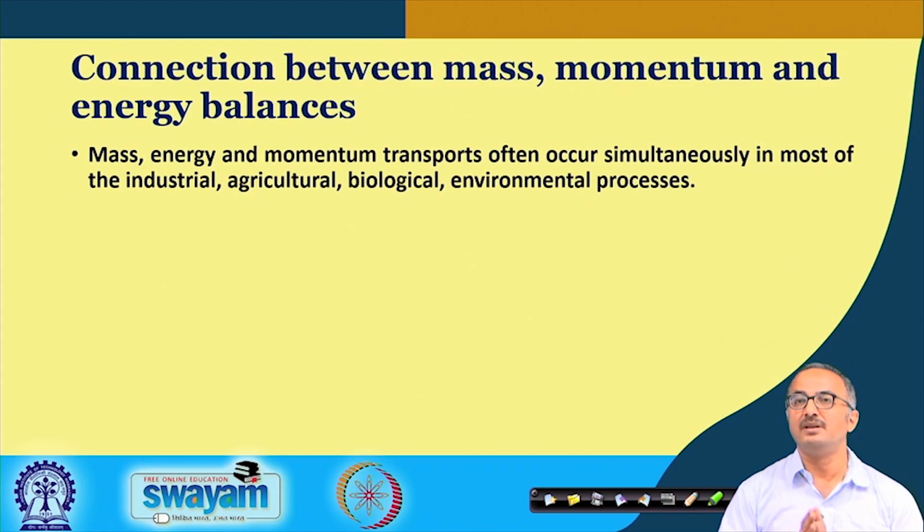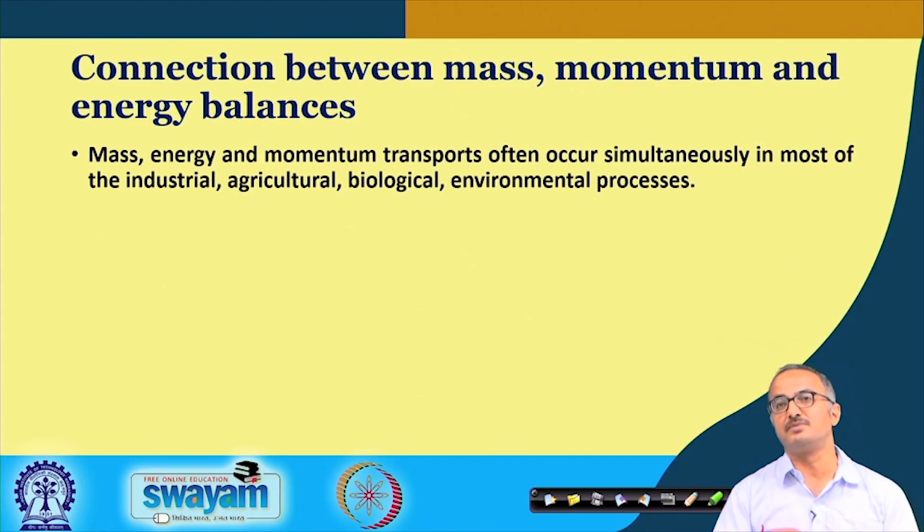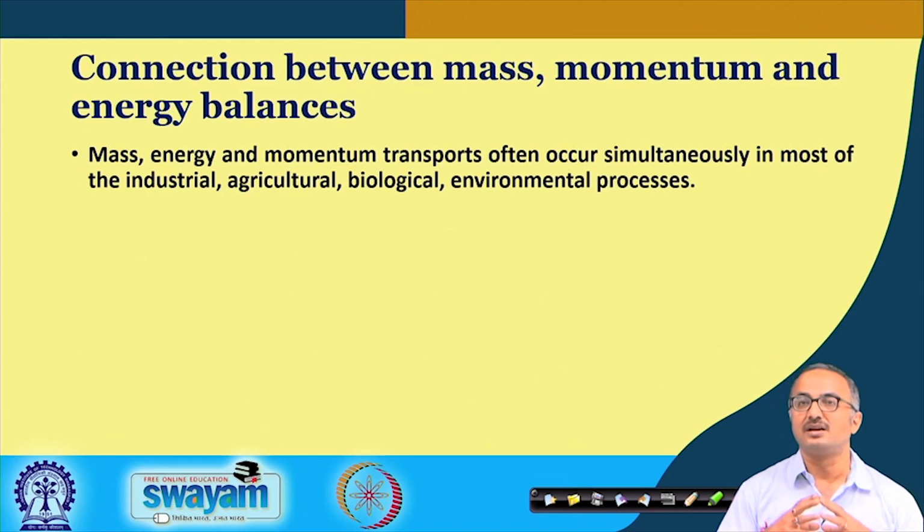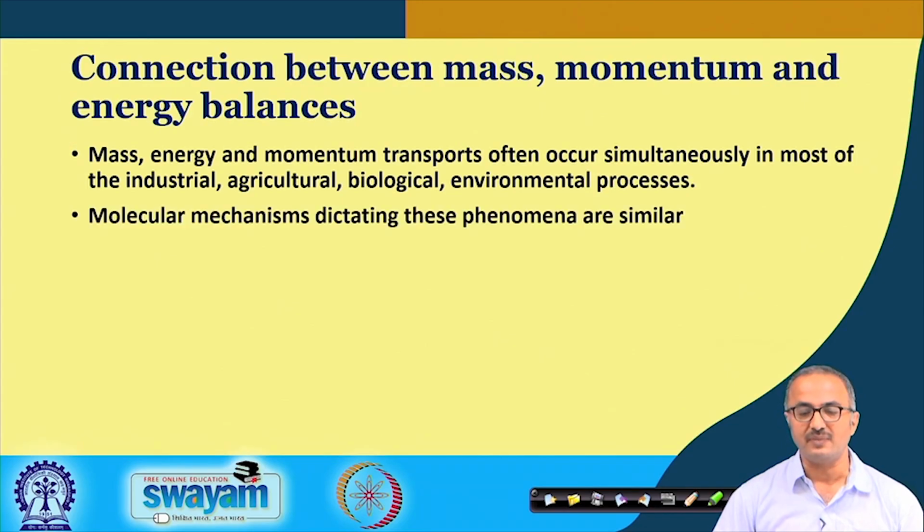In this kind of systems, all the three conservation laws can be applied together, and we write these conservation laws in the form of balance equations. And sometimes the molecular dynamics of the system dictates all these phenomena. Molecular dynamics means how the constituent molecules of a particular system interact among themselves, and these interactions are reflected in the macroscopic or overall behavior of the system.